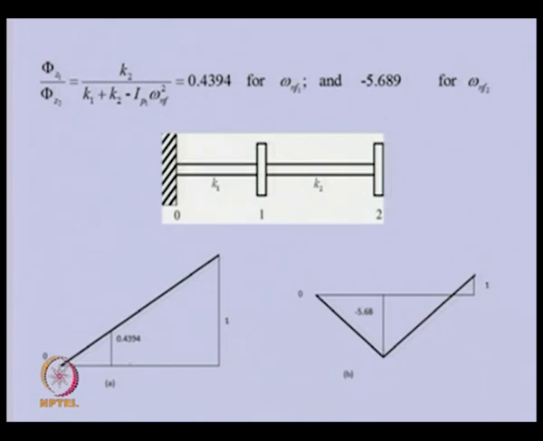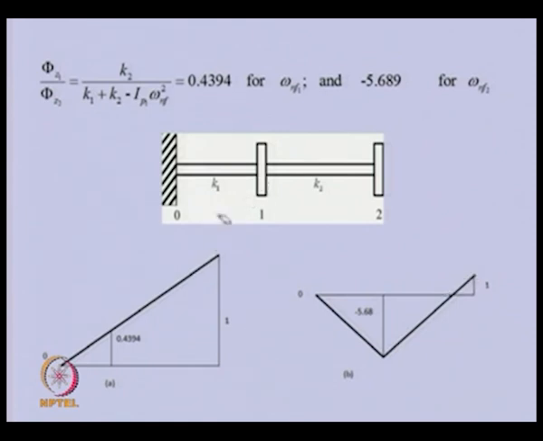So you can see that we have the mode shape corresponding to the first natural frequency. This is station 0 fixed, disk 1 location has this displacement, and if we take unit displacement at station 2, station 1 will have 0.4349 unit displacement. Similarly, you can see that these two disks will have anti-phase motion for the second mode.